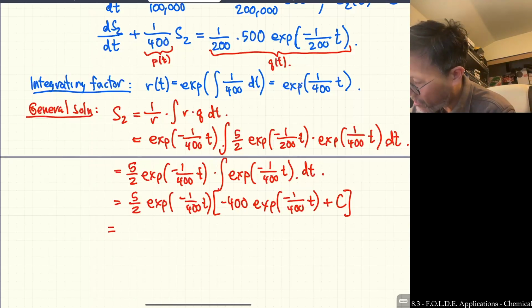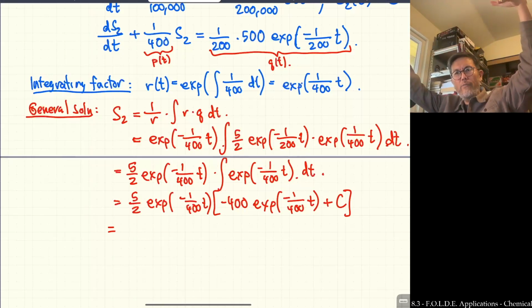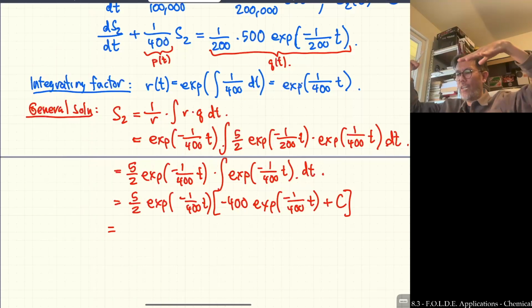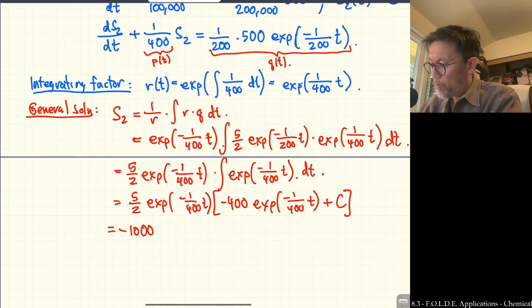So we get 5 halves. Oh, and 5 halves times negative 400. So 5 times negative 400 is negative 2,000. Divided by 2 is negative 1,000. Negative 1,000. And then we are multiplying the exps together, this and that together. And what do we get when we do that?